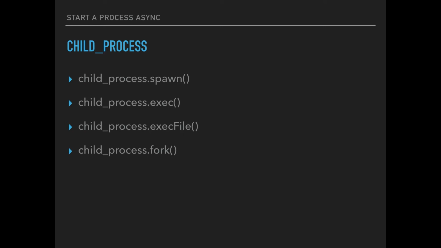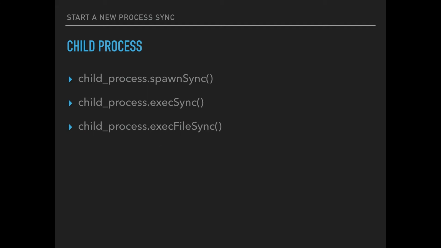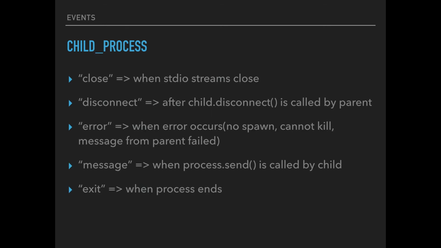These are the four functions you can call asynchronously to start a new process. These are the synchronous versions for spawn, exec, and execFile. What that essentially means is that your program is going to wait for that process to terminate before the parent continues with its execution.